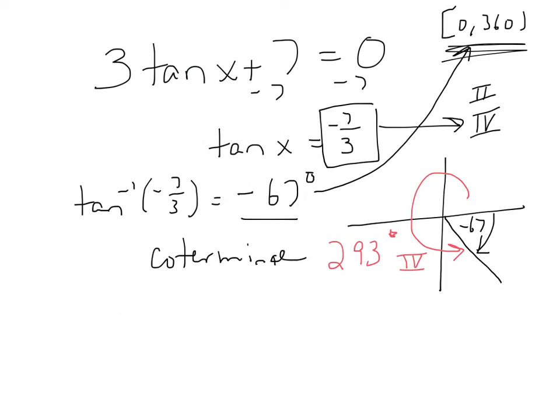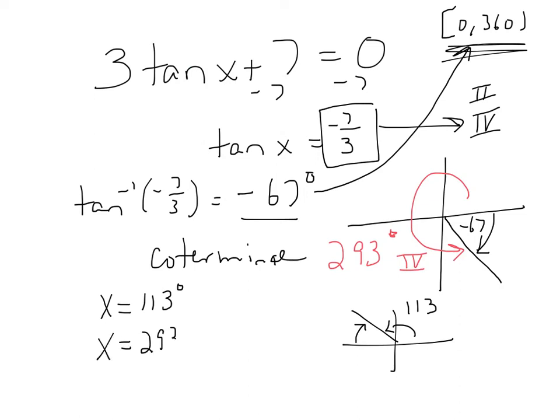So we have to take 67 into quadrant 2, and when you subtract it from 180, you will end up with its coterminal of 113. So my two answers are going to be 113, that's my quadrant 2 answer, and my other answer will be 293. You can check these. You can put in the tangent of 113 and the tangent of 293 to make sure you get the same ratio. It's going to be a little off because we rounded, but it'll be close.